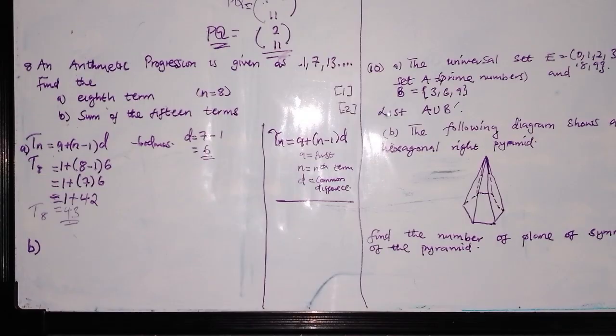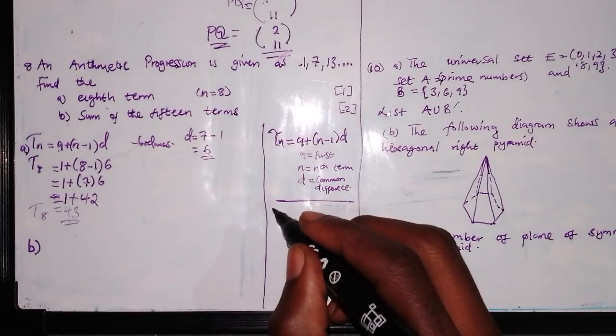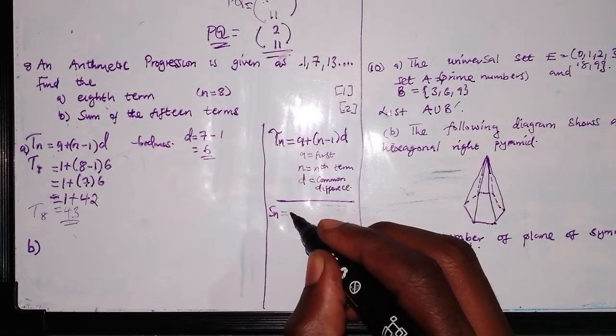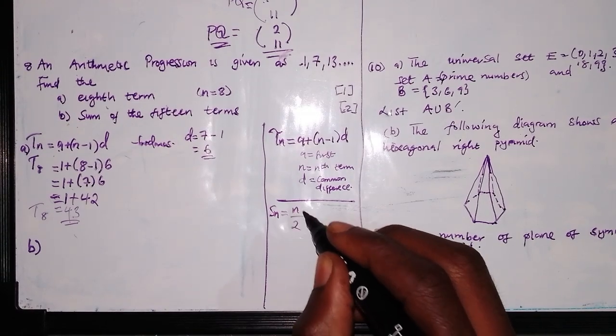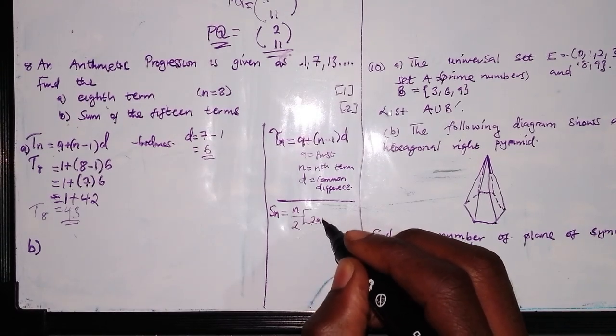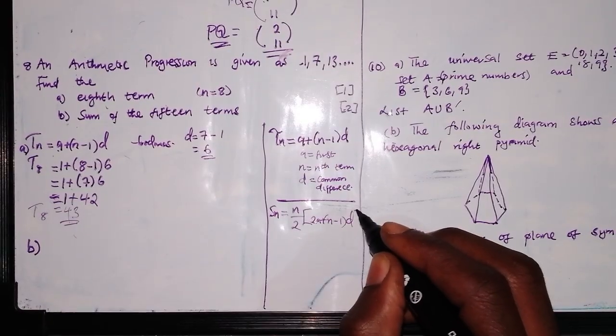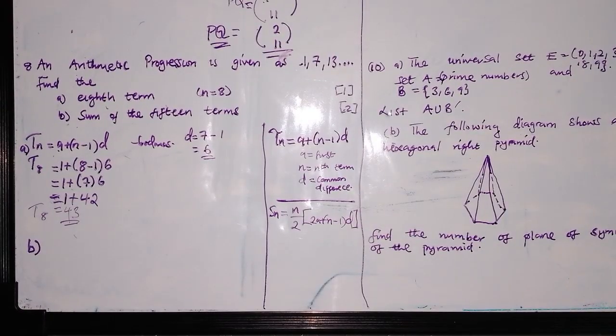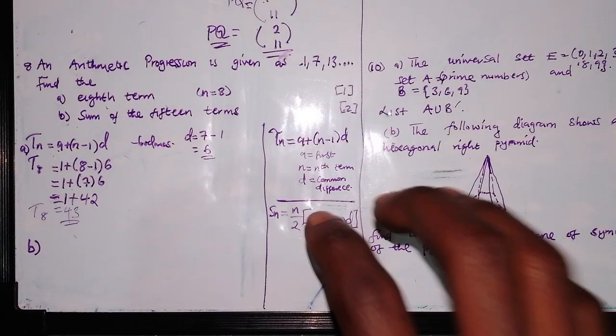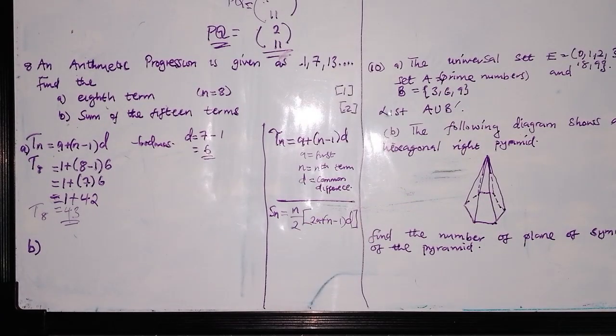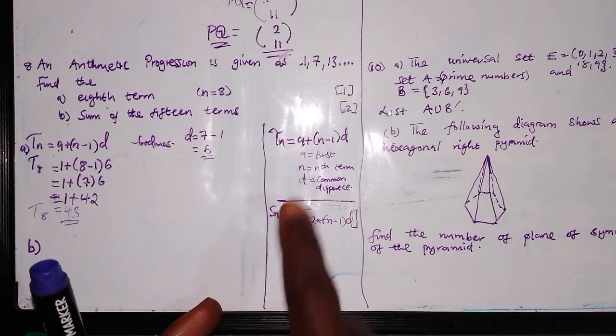So you say the sum is equal to n divided by 2, 2a plus n minus 1, then we have d. So what can help you to remember this formula is when you compare it with the normal formula for the AP, you know that this formula will just have an addition of 2 and n over 2.